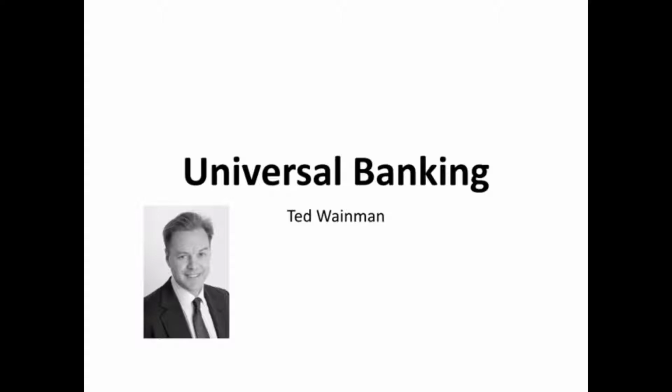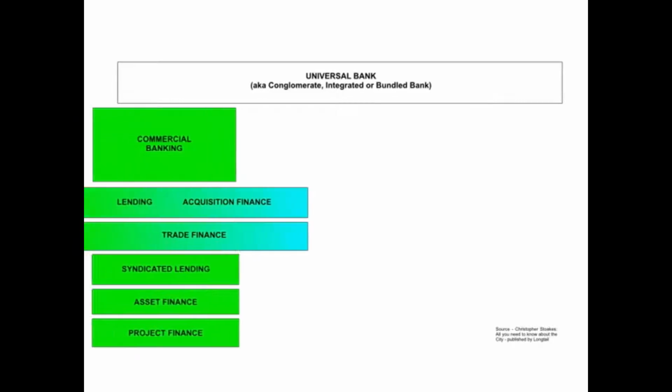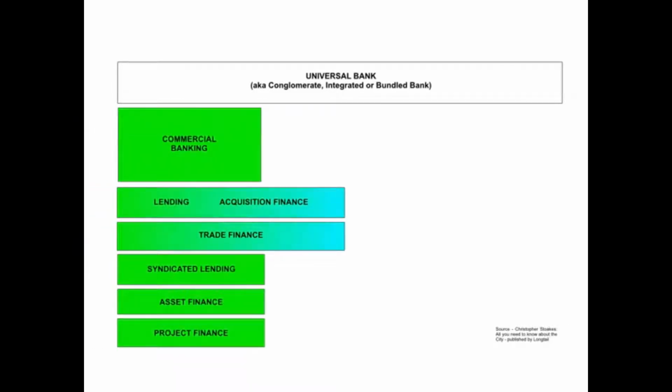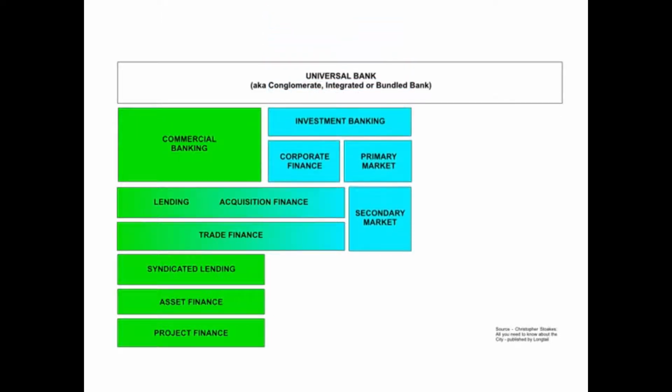Universal banking. A universal bank is made up of a number of distinct elements. The first is commercial banking, concerned with the borrowing and lending of money. The second is investment banking, which is concerned with helping companies access the equity and debt capital markets.